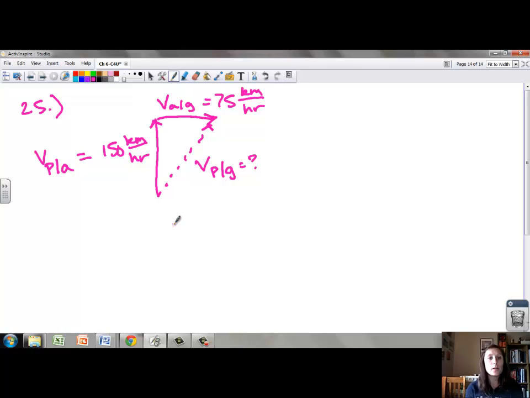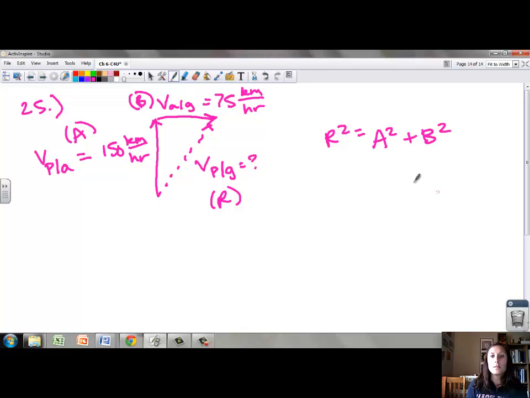Okay, so just like before, we could add these up, but the only problem is that they're not in the same direction, or in the same dimension, and so we need to use Pythagorean's theorem to add them instead of just adding them in the traditional sense. Okay, since we want to know the hypotenuse, let's call that R. Let's call one of these A, and let's call one of these B, and so we know that R squared is equal to A squared plus B squared.